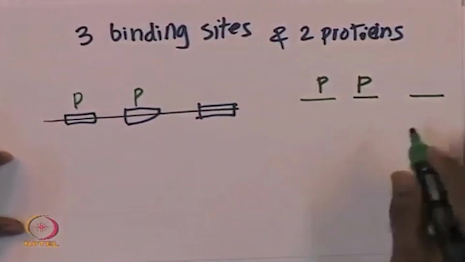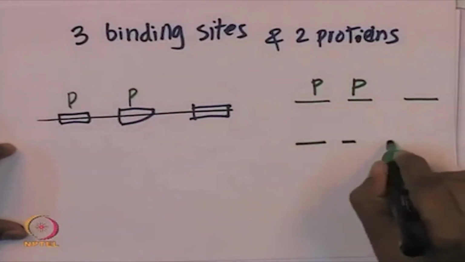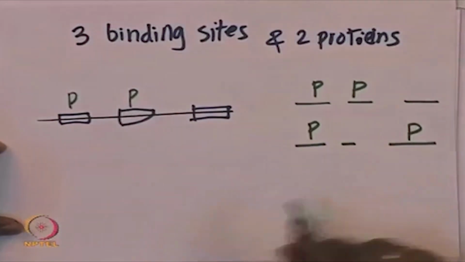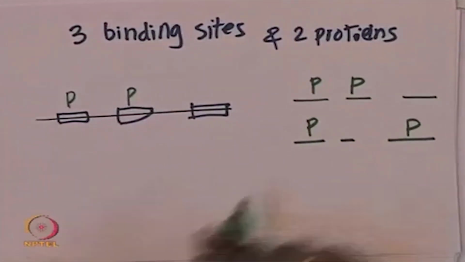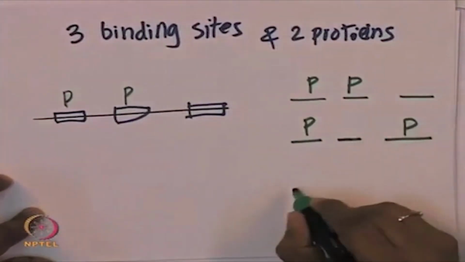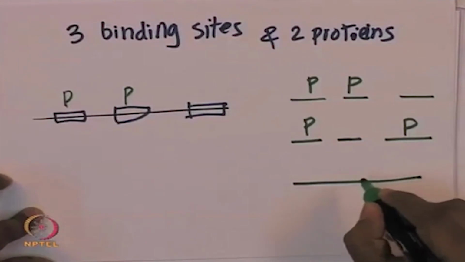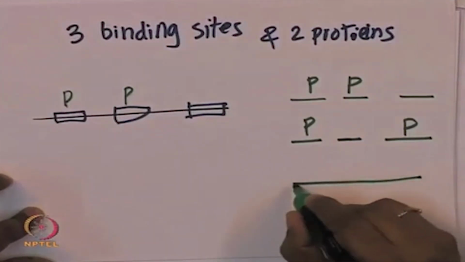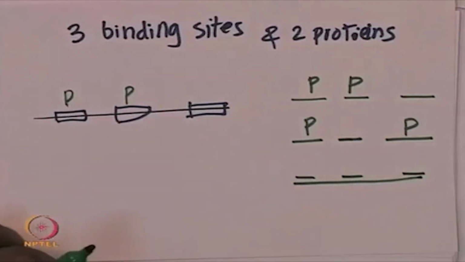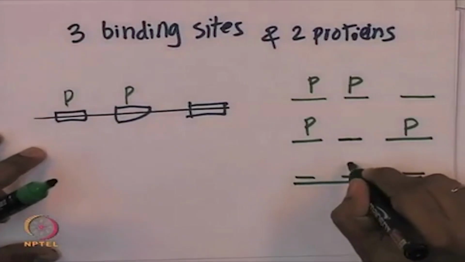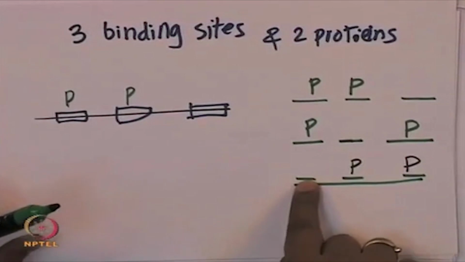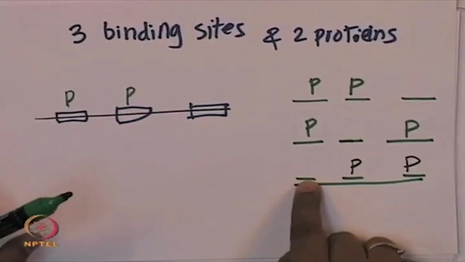This is one arrangement. Another arrangement possible is this one bound here, this one bound here, and this one free. This is another arrangement. Out of these 3 binding sites, 2 are bound by proteins. Another arrangement possible is where the first site is not occupied.